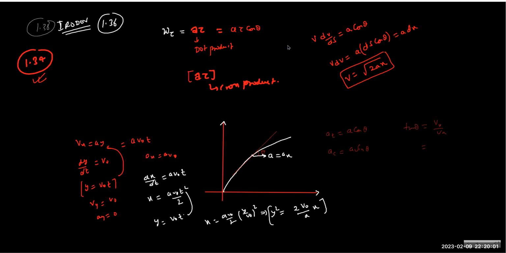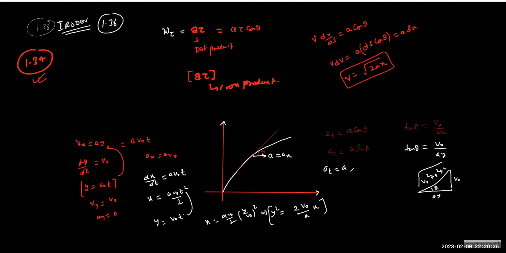I know tan theta is Vy, which is V naught, and Vx we got. And we are done. Because I know tan theta, I can draw a triangle, and my job is done. I got both the answers.